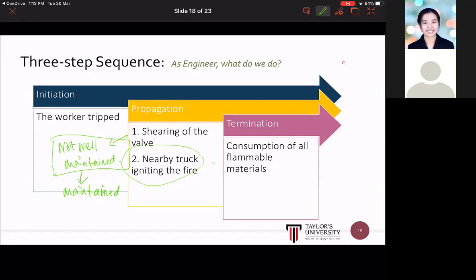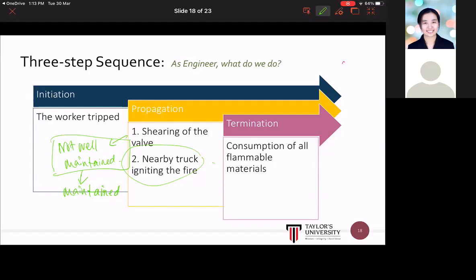That is why, if you notice, most process plants have no trucks inside the plant. They have a designated area for loading and unloading where the trucks can go, which is far away from the process area. Yeah, so that's another action that we can take.